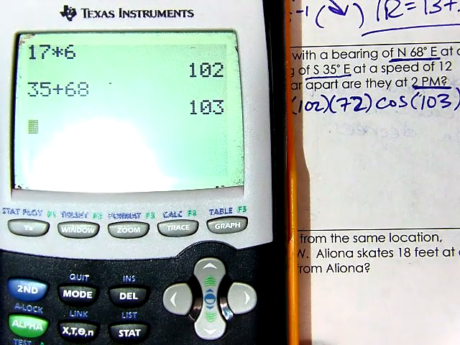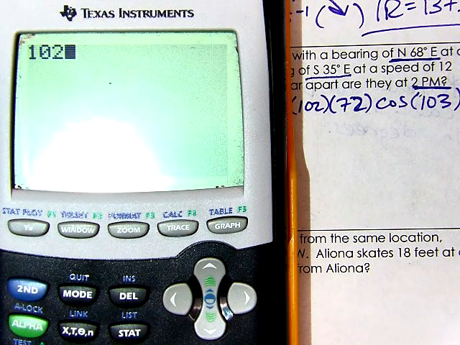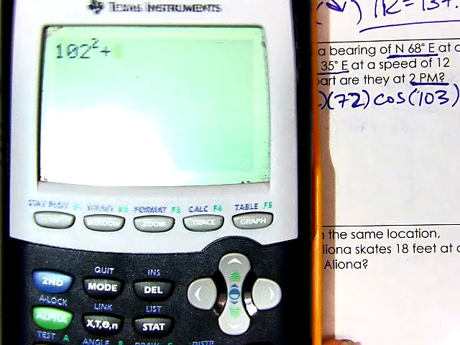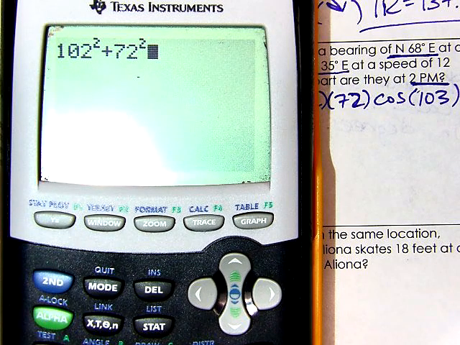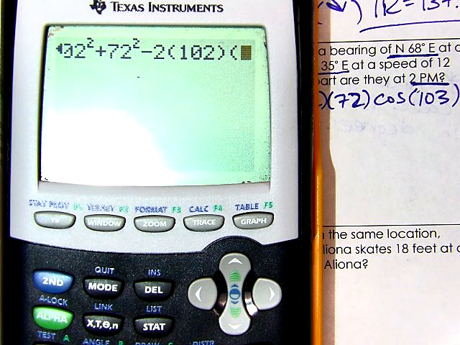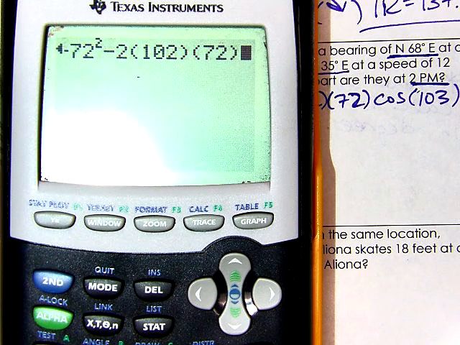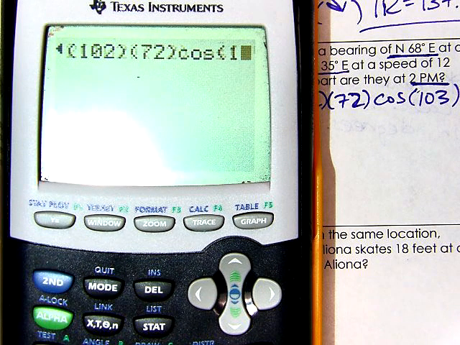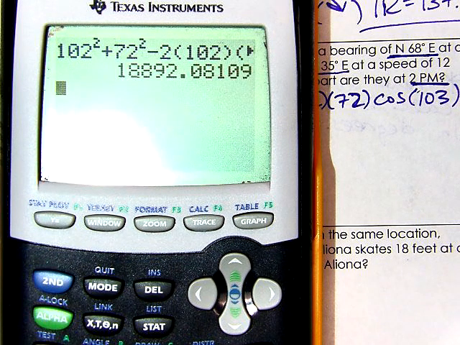So I get 102 squared plus 72 squared minus 2 times 102 times 72 times the cosine of 103 degrees, and I get that big number.